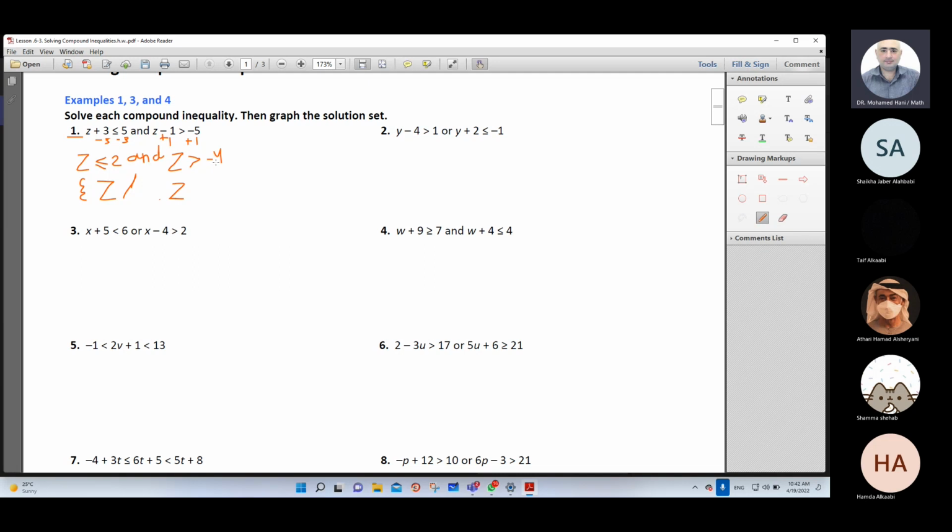Z greater than negative 4, and less than or equal to 2. So Z is between negative 4 and 2, and then we want to graph the compound inequality here.